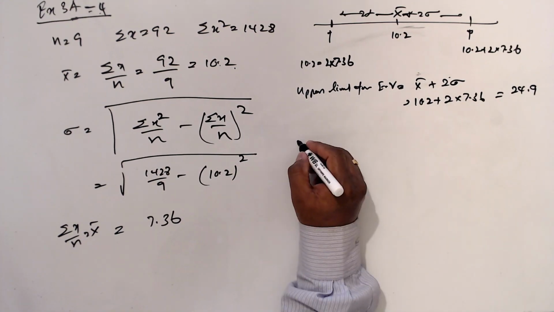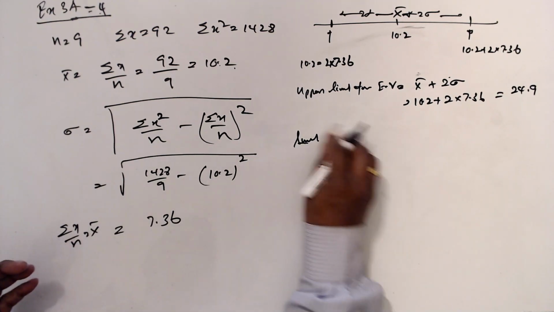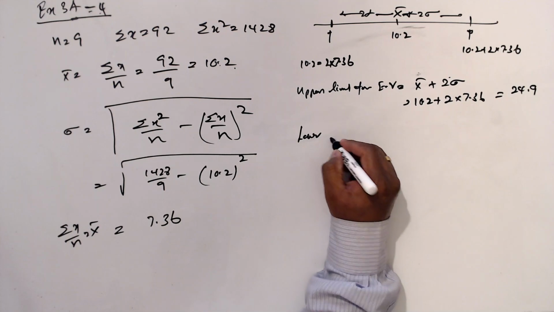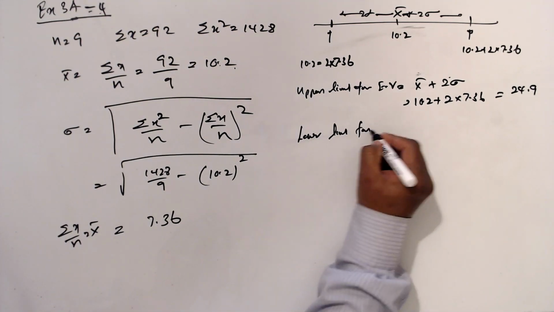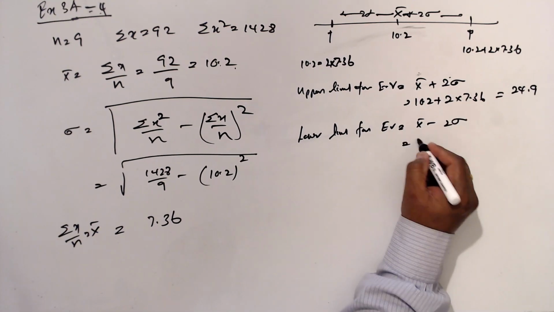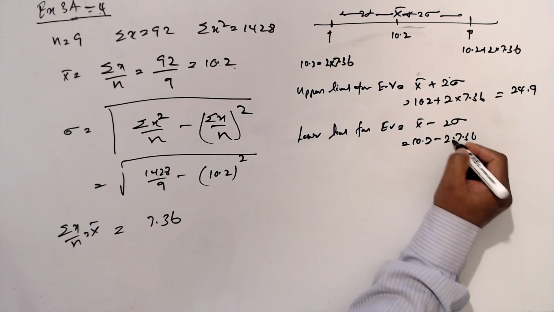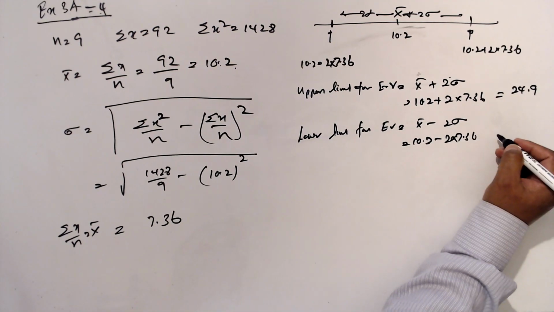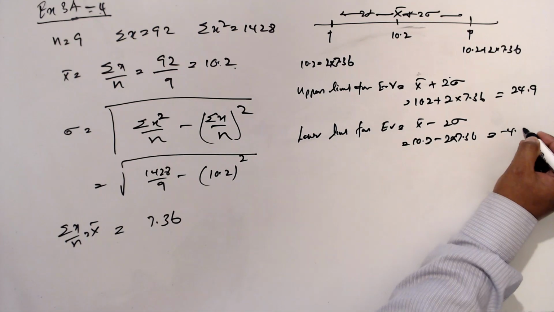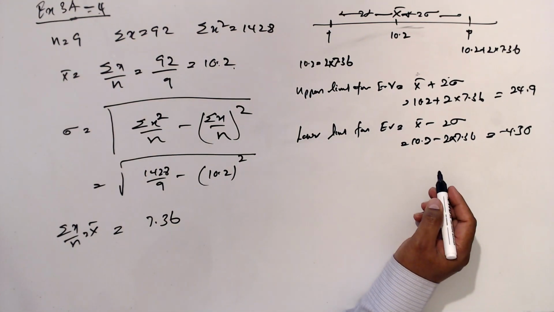And lower limit for extreme values is x bar minus 2 sigma. So 10.2 minus 2 times 7.36. So this value is going to be minus 4.50.